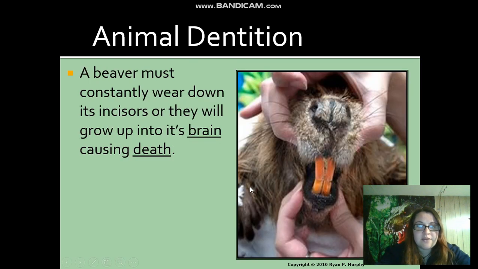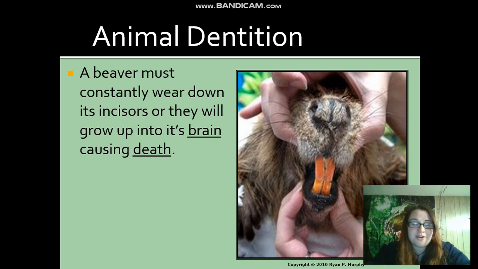Okay. And so what's really cool about rodents is that they have these 2 incisors in the front, and those incisors are constantly growing for them, so they constantly have to be chewing, because if they aren't constantly chewing, then their teeth will just continue to grow, and some of them have actually had their teeth grow so much that it goes up through their skull and into their brain, and it kills them.